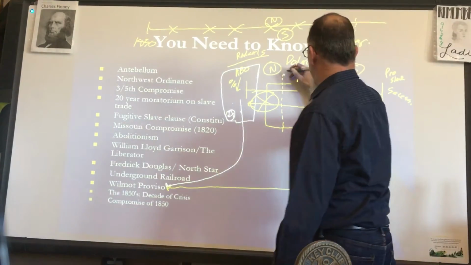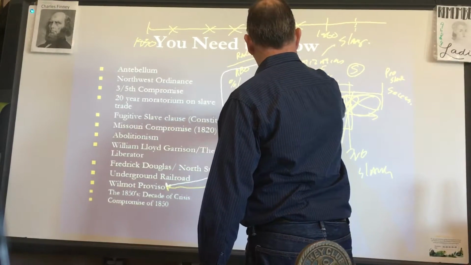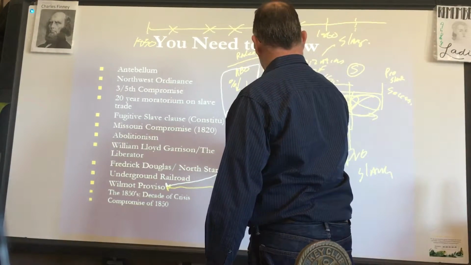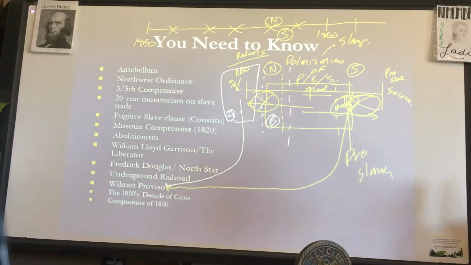And then you got this other group here, the second group, or the B group. These guys are no expansion of slavery. They're moderates. They're here. Hey, slavery's problematic, we know. But it's the Constitution.